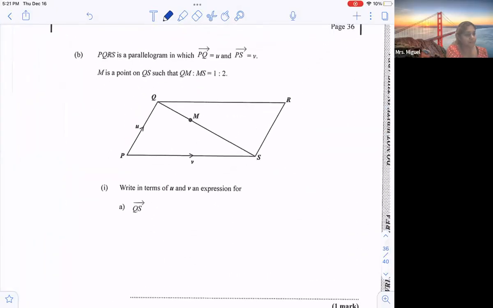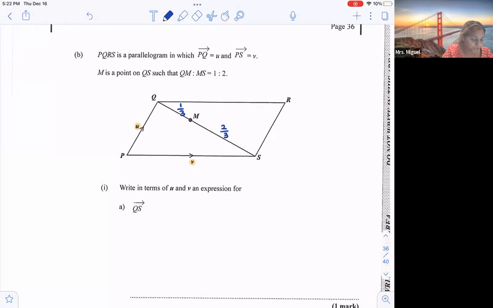What is next now? This is the vector part of the question. PQRS is a parallelogram in which PQ is U and PS is V. So we can identify that, U and V. M is the point such that QM is one third, because it's split into three parts, 1 and 2 will give you 3, and this is two thirds.